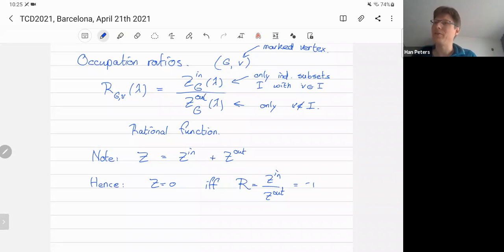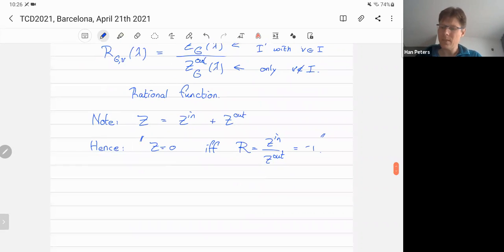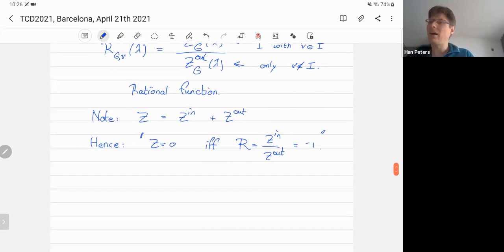So the rational function might not actually be -1 if you have 0 divided by 0. So let me put this in quotes and ignore that problem. It is not a problem, but it's something you have to be careful with. So the zeros of Z correspond to the -1s of the ratio.